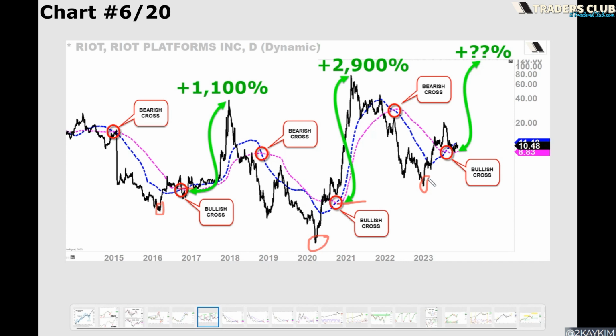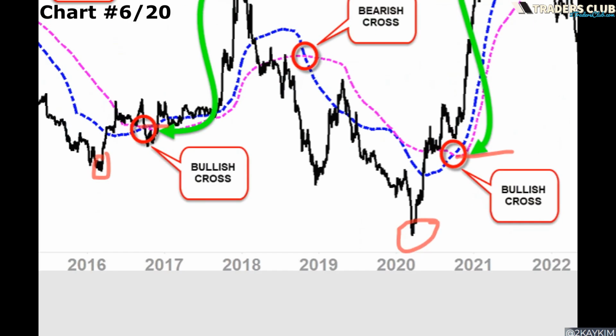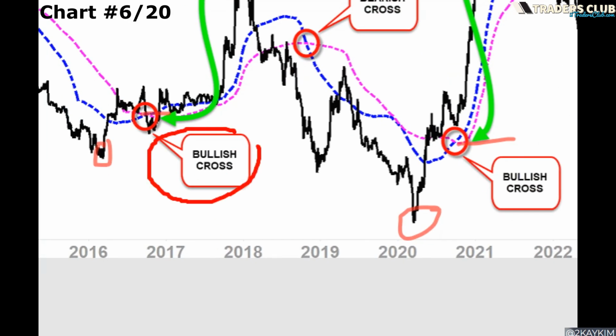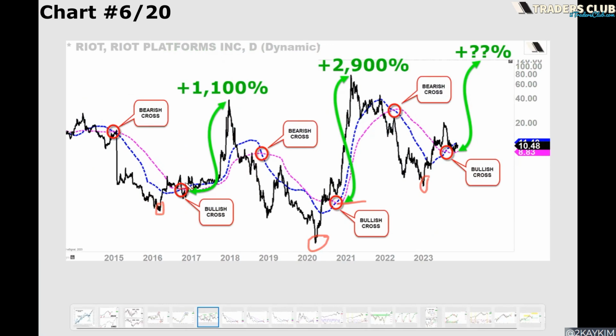However, if you go long as soon as this bullish cross signal flares, the moving average crossing to the upside after the bearish cross, right?